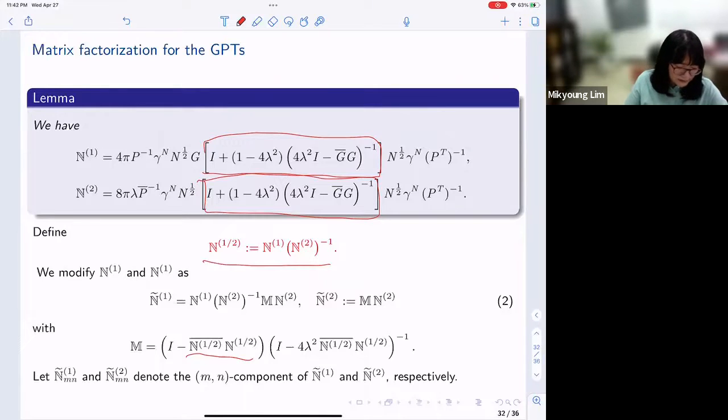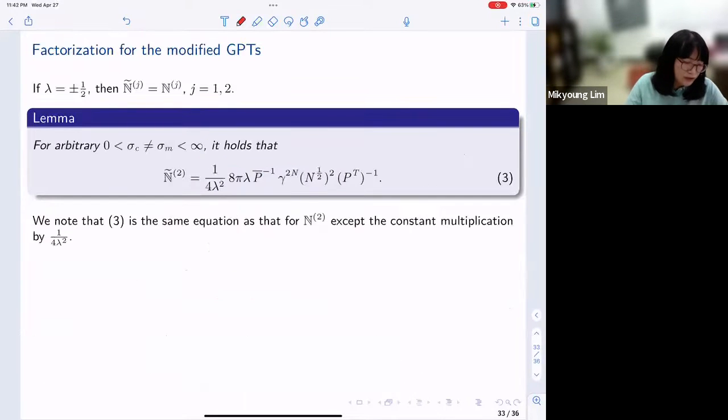The tilde matrix is a generalization of the original GPT, because when lambda is plus or minus 1/2, they are equal.